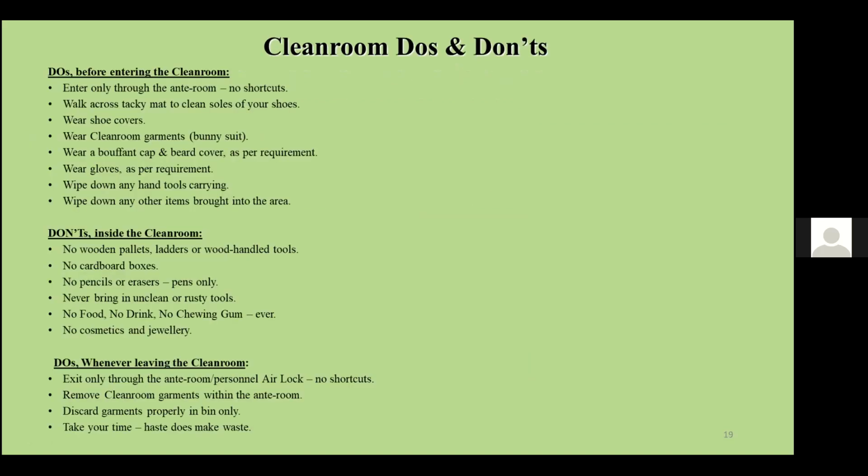Next. These are the things which are actually more important for operating the clean room environment. What we can do and what we cannot do inside the clean room. These are the basic things.